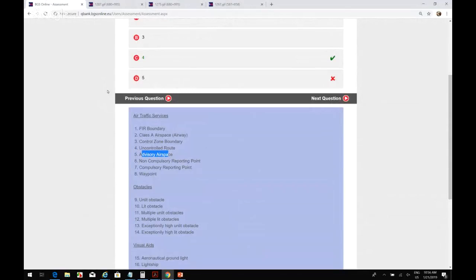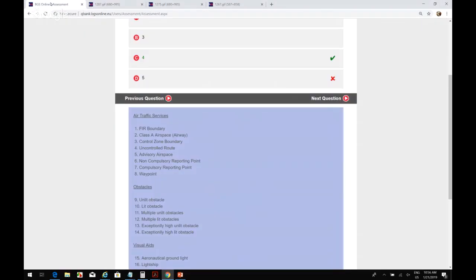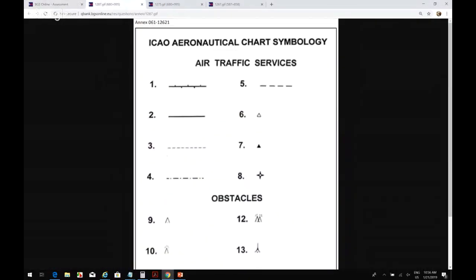Non-compulsory reporting. Okay, so we've got Class A, control zone, uncontrolled, advisory. Class A, control zone boundary, uncontrolled advisory. Controlled advisory.